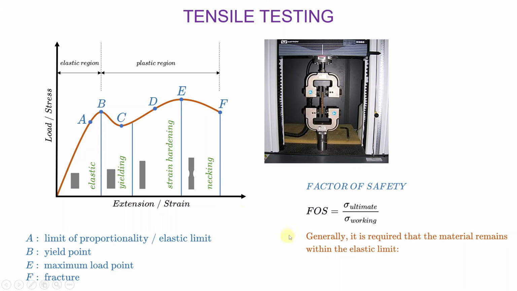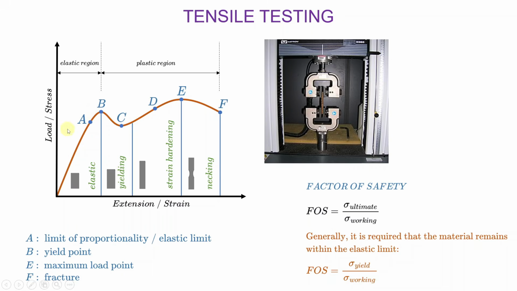Therefore our factor of safety equation generally will be equal to the yield stress divided by the working stress, because in practical applications, it is often required that we remain within the elastic region, because we do not want our design to begin to deform permanently.